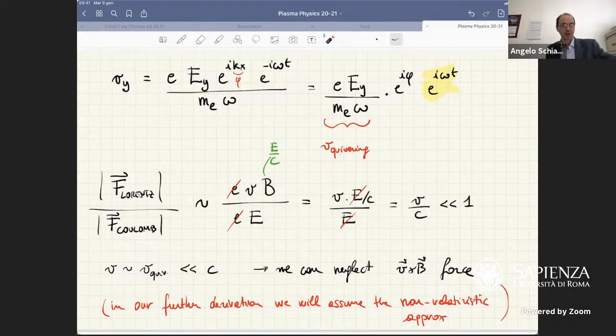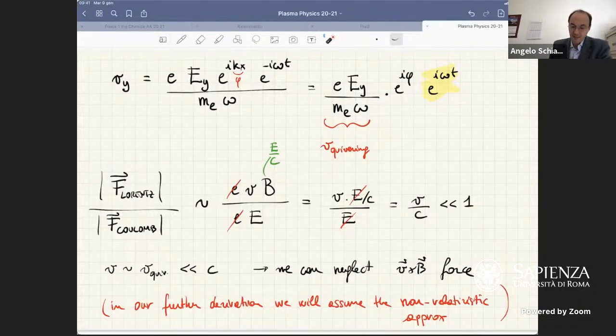Okay, so this situation applies to an electron which is in vacuum and is being hit by a photon, or actually not just a photon, but by an electromagnetic wave. So what we do now is to include the presence of the plasma.